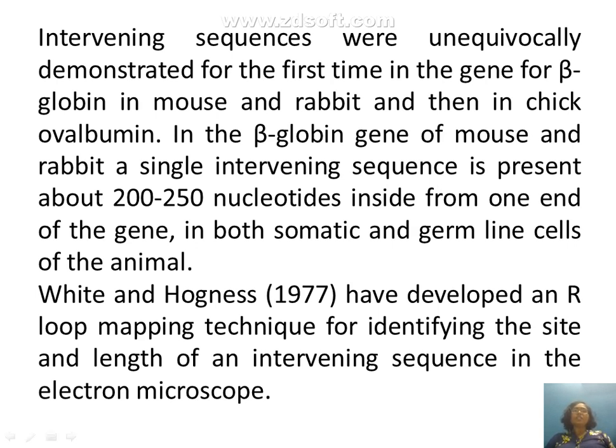These intervening sequences were unequivocally demonstrated for the first time in the beta globin gene of mouse and rabbit, and then in chick ovalbumin.